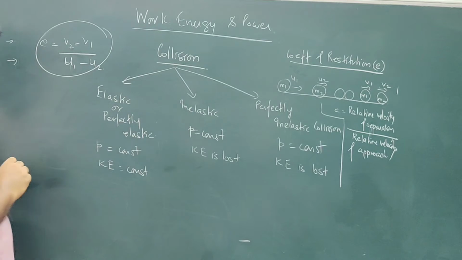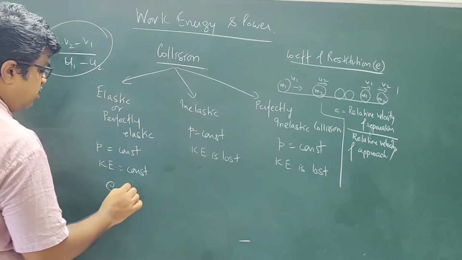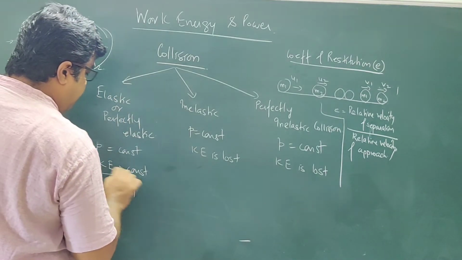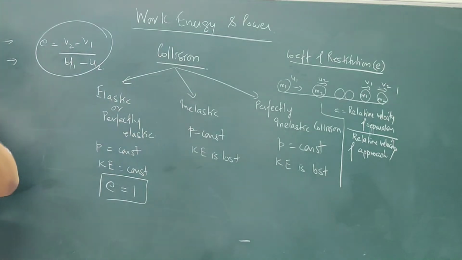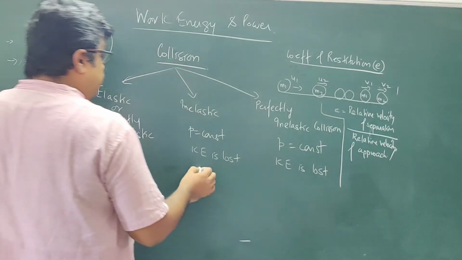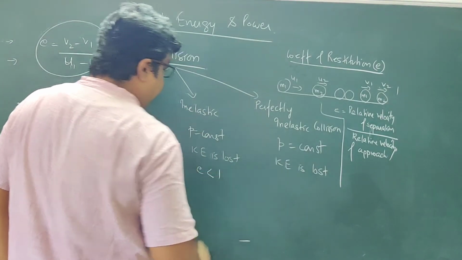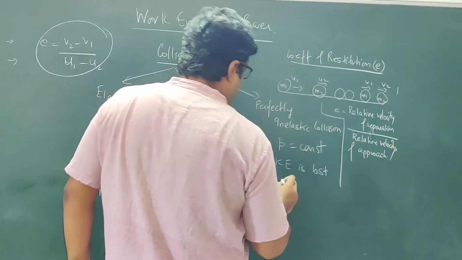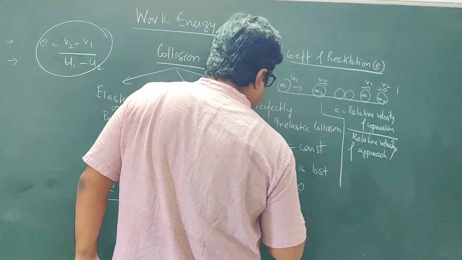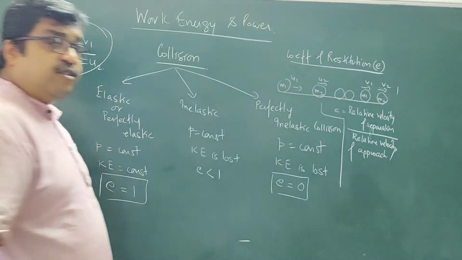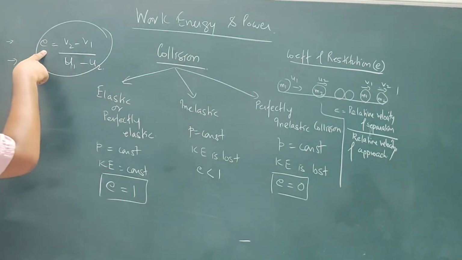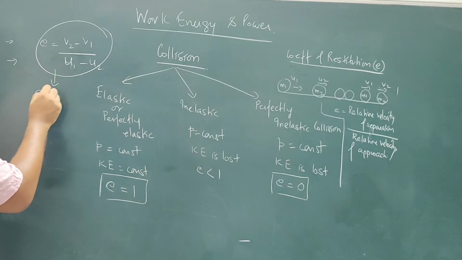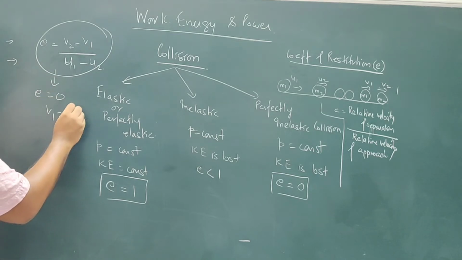Now for perfectly elastic collision or elastic collision, the coefficient of restitution is 1. For inelastic collision, coefficient of restitution is less than 1. And for perfectly inelastic collision, coefficient of restitution is 0. If e is equal to 0, it implies V1 is equal to V2.